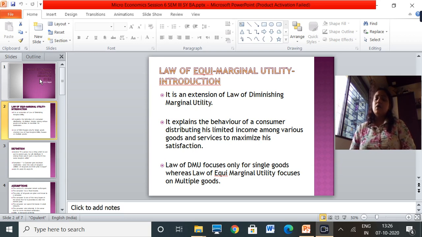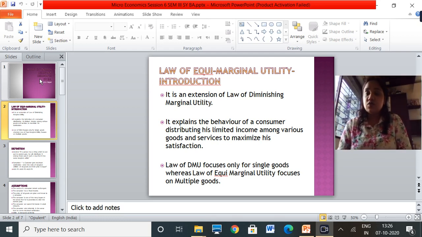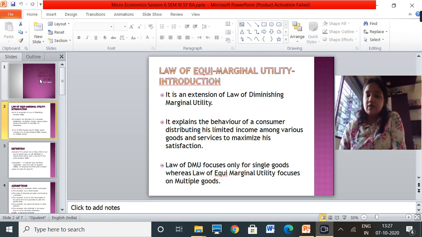Like I told you, only one good is considered in the case of the law of DMU, but this does not happen in real life. In real life, the consumer is purchasing different types of goods. So the law of DMU focuses only on a single good, whereas the law of equimarginal utility focuses on multiple goods.